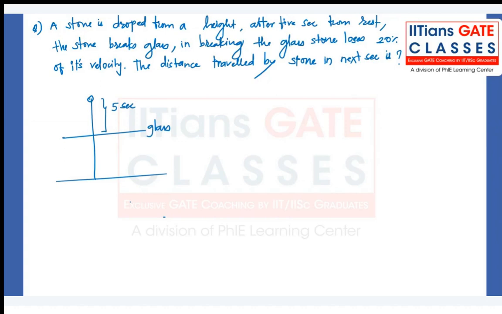So what is the distance traveled by the stone in the next 1 second? Distance traveled 1 second after breaking the glass. Okay, that is the question.